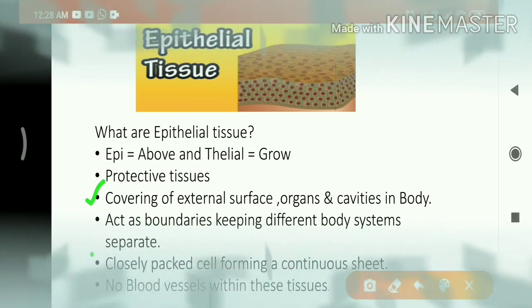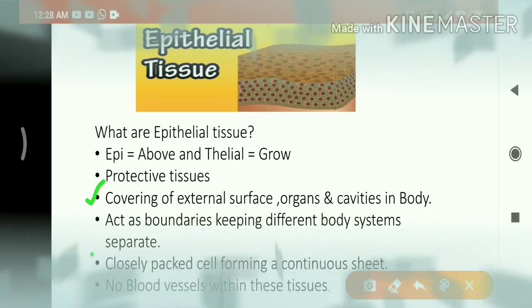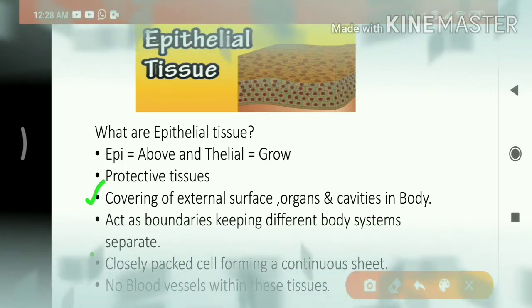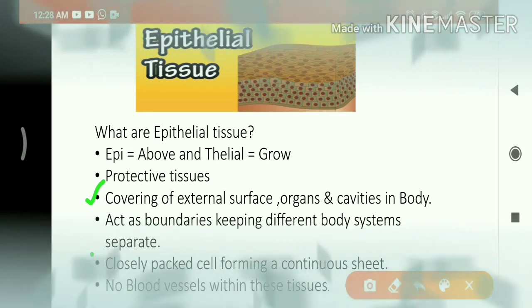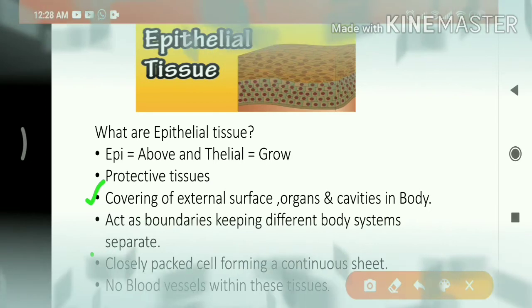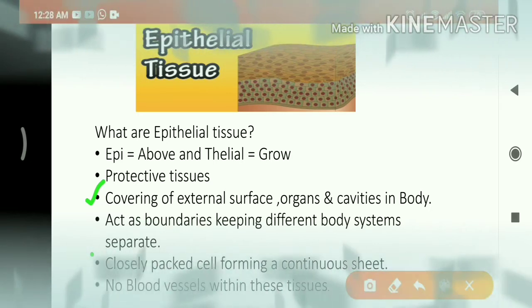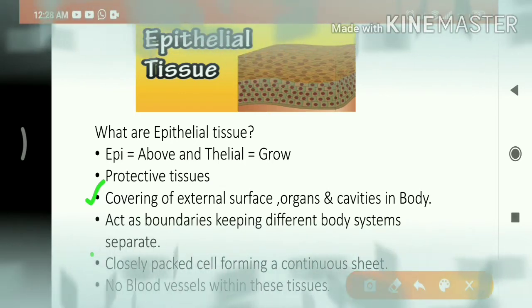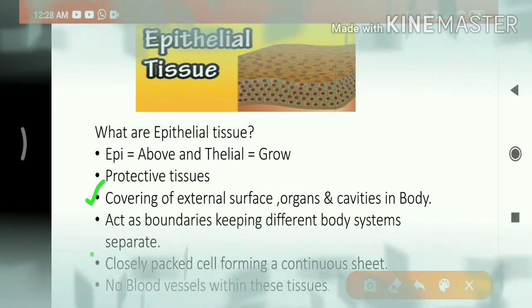Why is this close packing required? You really don't find a lot of cellular space or intercellular material in epithelial tissue. So why is it so closely packed? That is a question that might arise in your mind, right?